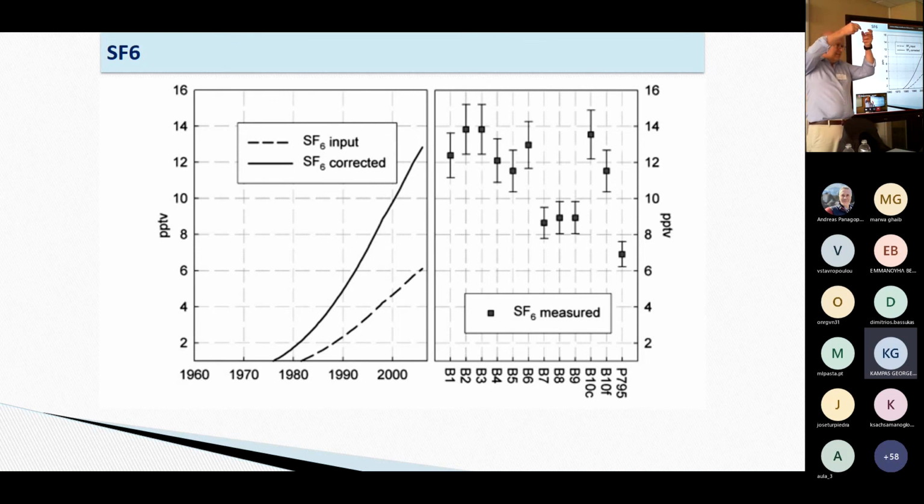Now with that pressure and the temperature at the recharge location that we got from stable isotopes, we calculate how much is dissolved in water. And now we make a curve that shows the input function in the water for all the years that are possible. SF6 production started in the end of the 1930s, 1940s.